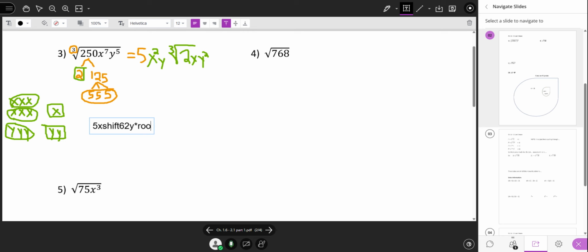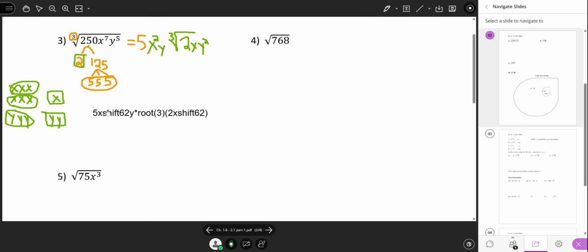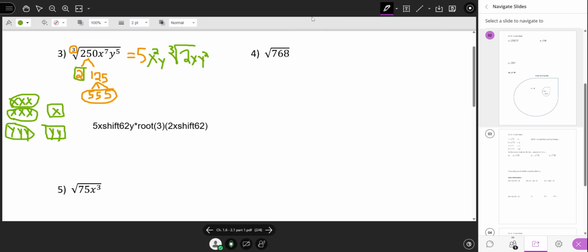Then the word root, parenthesis 3, close parenthesis, open, 2x shift 6 2, close parenthesis. Now that's a lot of stuff. A lot of stuff. Just saying.